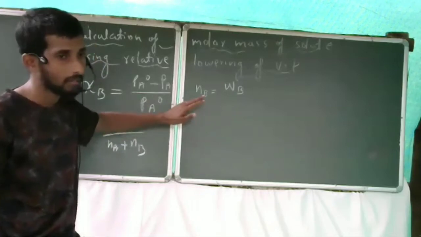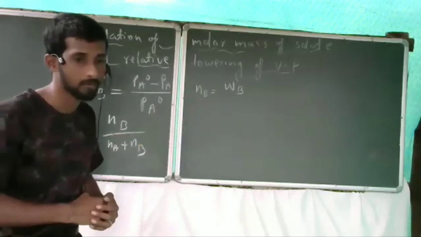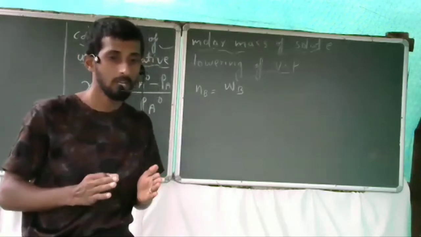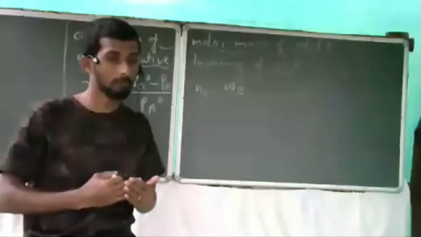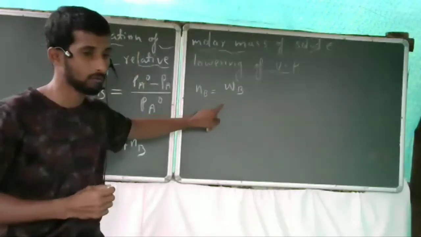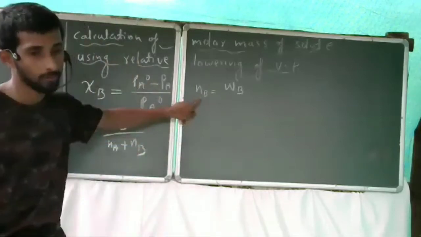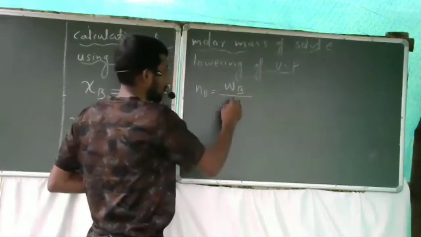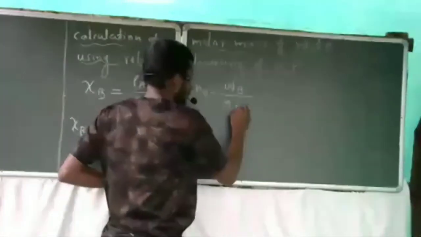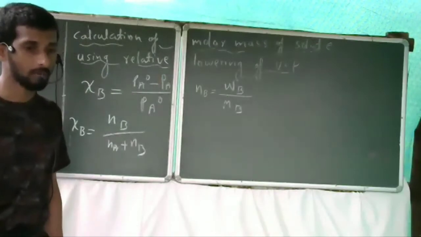So here Nb is nothing but the number of moles of solute, equal to Wb, the weight of the solute, divided by its molar mass.